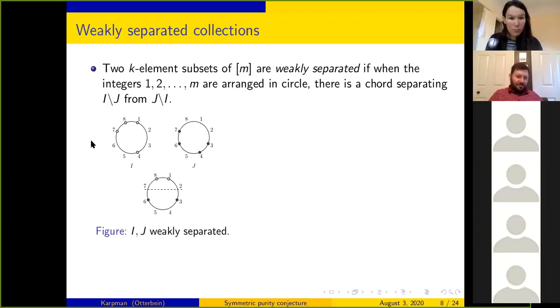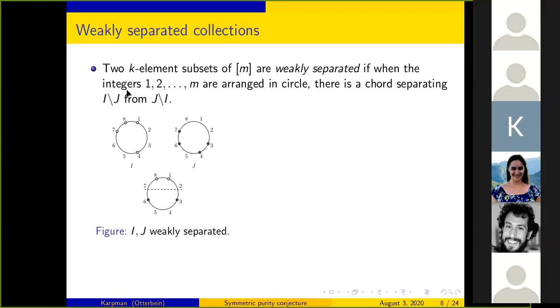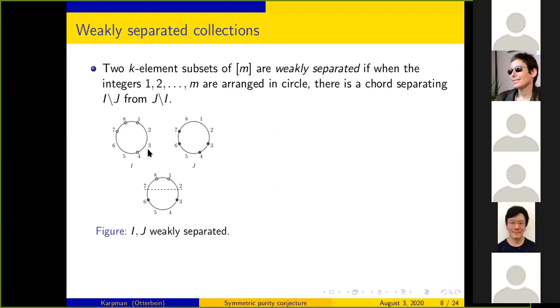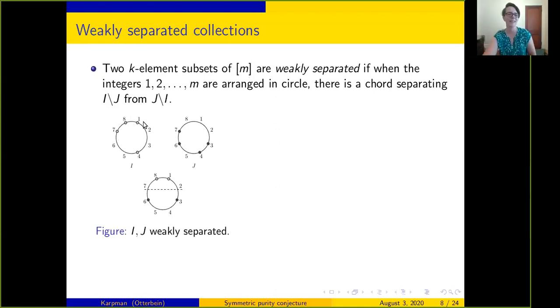So here's an example. I will often denote k-element subsets of some larger [m] by putting my integers around a circle and then putting a dot for each element of the set. Here, in the upper left, I have 1, 4, 7, 8. And then my second, in this case 4-element set, is 3, 4, 6, 7.